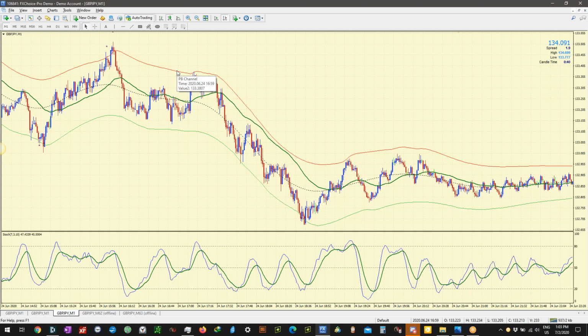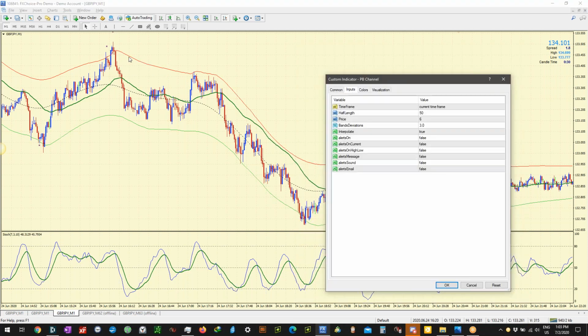Okay, and I'll explain that in a second. See, like there's a little cross, very hard to see. That's over 3, 3 deviation levels. So if you double click here, you will see the band deviations right there. It tells you, okay, so that's 3.